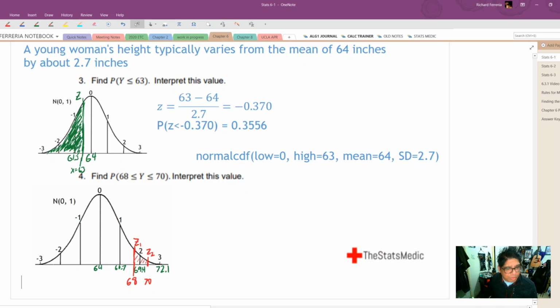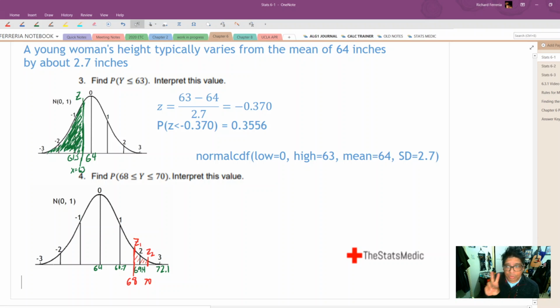I've added the standard deviations in green, 64, 66.7, 69.4, and 72.1. And those are only to help us place where 68 and 70 are in this curve. So we know 68 is a little bit to the left of 69.4, and we know 70 is a little bit to the right of 69.4. And I've shaded that area in, this time in red, just to contrast a little bit.